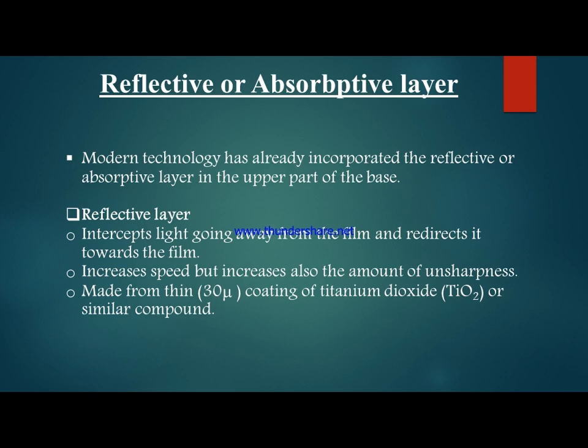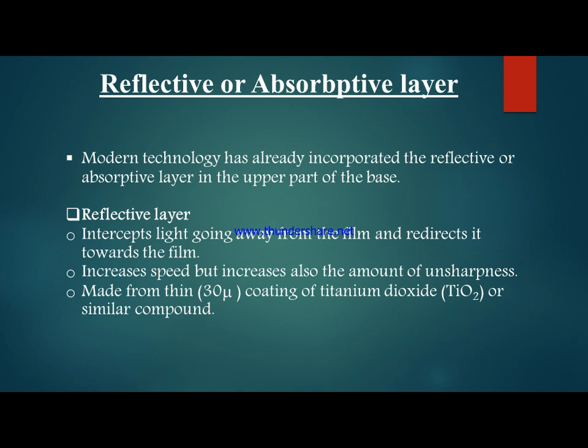Another layer is the reflective or absorptive layer. The reflective layer mainly intercepts light which is going away from the film and redirects it toward the film. It increases the speed, but also increases the amount of unsharpness.